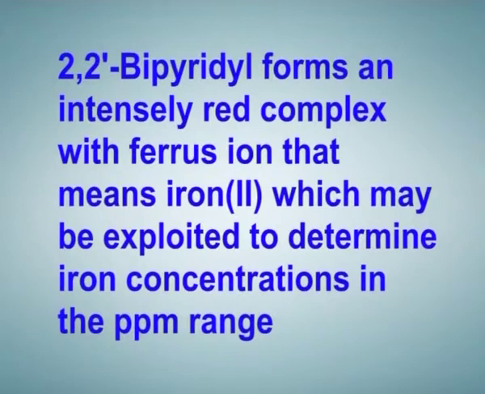In general, organic colorimetric reagents are considerably more sensitive than inorganic ones. They give more intense colors and are therefore frequently used for trace analysis. With many organic reagents, it is possible to determine concentrations at the ppm level. 2,2-bipyridyl forms an intensely red complex with ferrous ion, that means iron 2, which may be exploited to determine iron concentration in the ppm range.